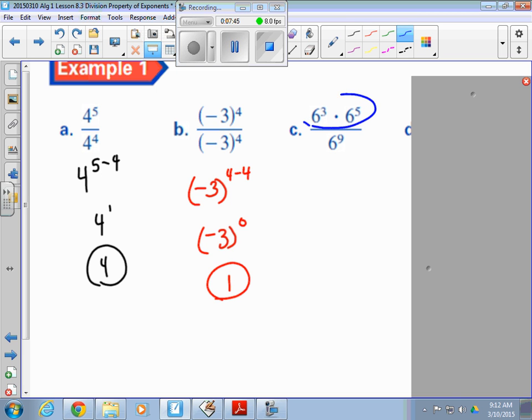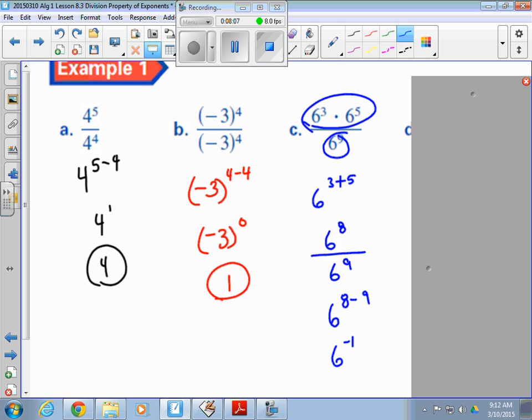Do this part first. Same bases, 6 and 6. So add the exponents. 3 plus 5 gives you 6 to the eighth over this part, 6 to the ninth. Now you have the same bases dividing by each other. Subtract them. 6 to the 8 minus 9 we know is 6 to the negative 1.